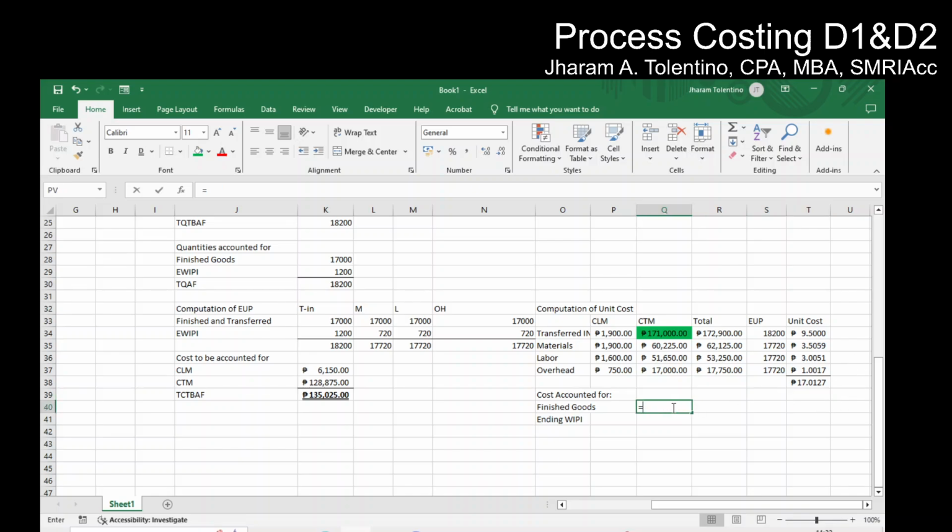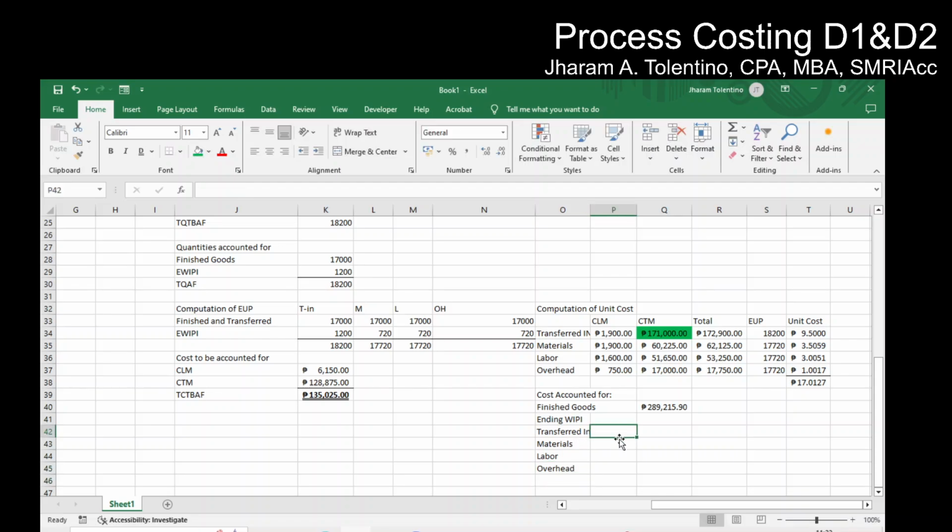Okay. 17,000 times 17.0127. Okay, let's make this pesos. There. And then your ending has transferred in, materials, labor, and overhead.